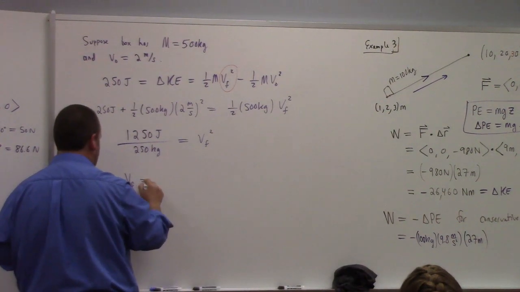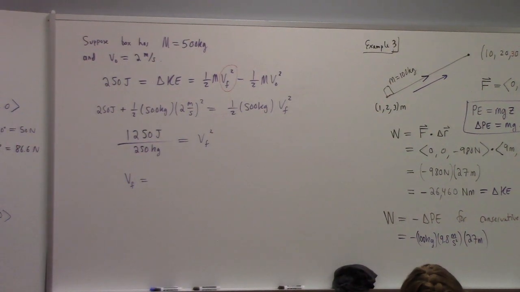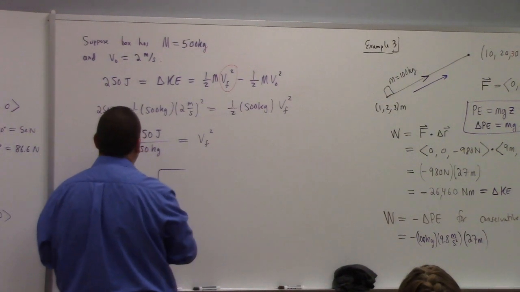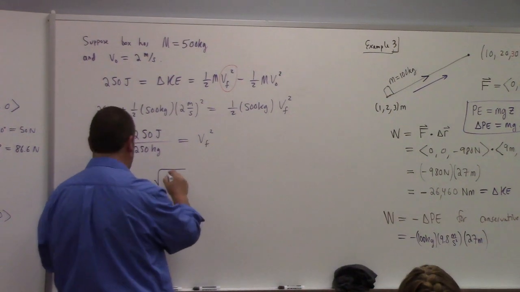So as an added thought experiment about my example 1, we can learn that if we had that 100 Newton force acting on the box from 0, 0 to 5 meters, comma 0, and if the box initially had a speed of 2 meters per second, then the final speed, given that work done by the box of 250 joules, well, the final velocity would be the square root of whatever this is here. Is that 5?